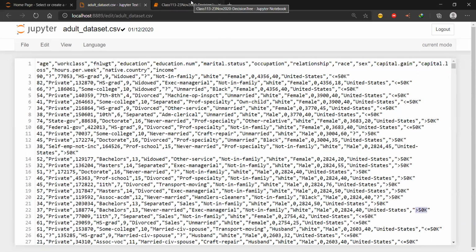But we don't know what this FNLWGT is. Give me 1 minute. Let me see from where I took that data. Do I have any data definition in that folder from where I took the data? Let's see.